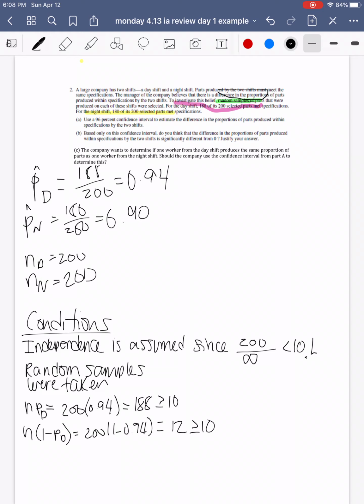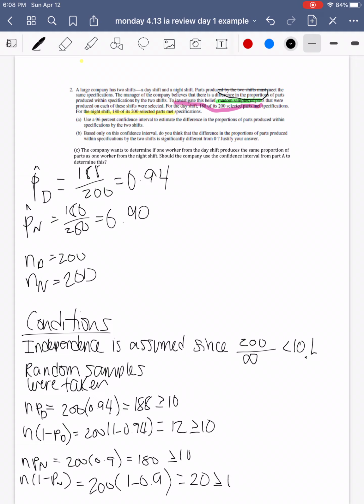So we've met the normal condition for the first sample, but we need to meet it for both. So n times p sub n for the night shift is equal to 200 times 0.90, which is 180, and n times 1 minus p is 200 times 1 minus 0.90, which is equal to 20, which are both greater than or equal to 10.